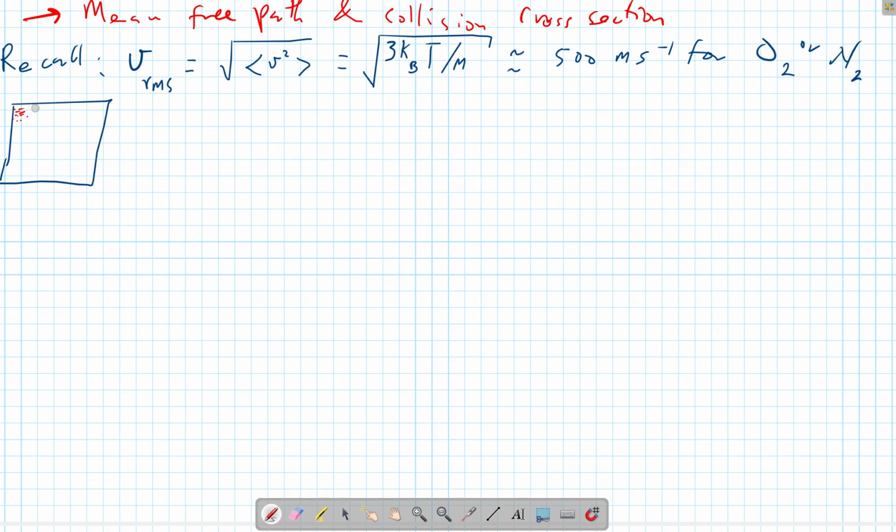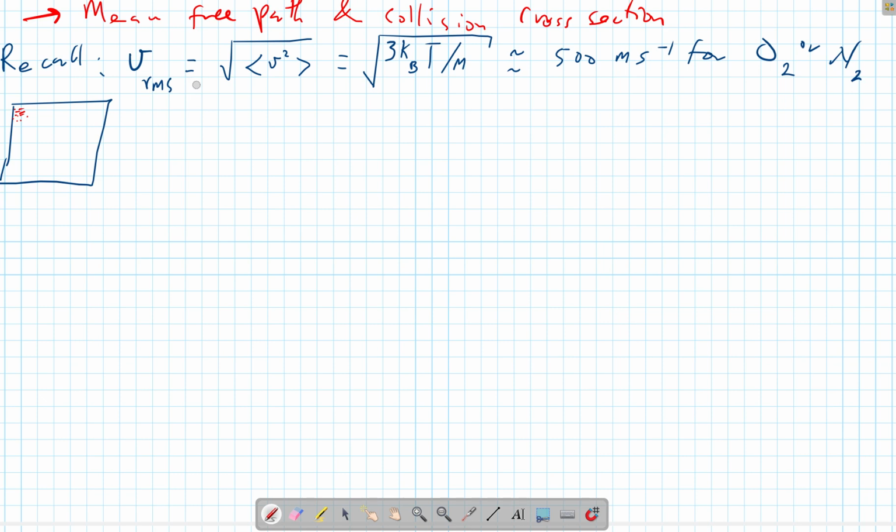It doesn't happen because there are collisions, and the molecules have a mean free path, an average length they cover without colliding with another molecule. So the mean free path is important, and it is directly related to collision. Molecules collide with each other, and we're going to talk about cross-section after addressing the mean free path.